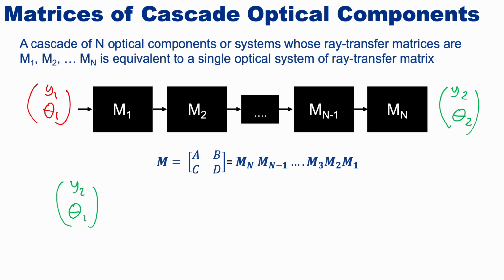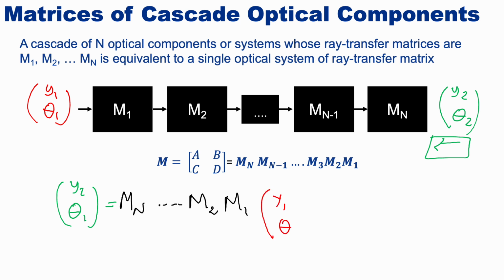And the way you do the multiplication is backwards, so we need to go from right to left. The first matrix is the element closer to the output, then the elements closer to the input, and then we multiply by our input.